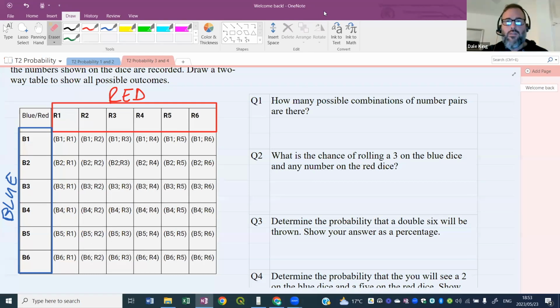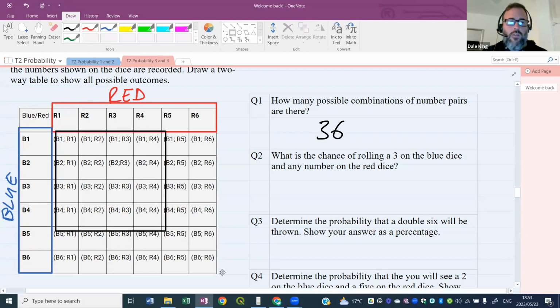To work out, you can say 6 for the one, 6 for the other. 6 times 6 is 36. Yes, the answers are coming through there. All right. So if you counted all these blocks here, all the possible outcomes, there'll be 36 possible outcomes.